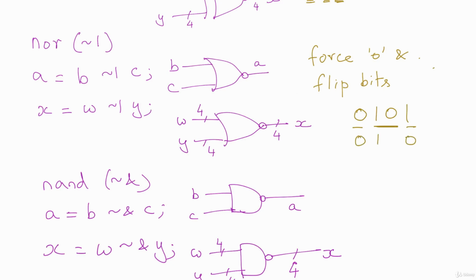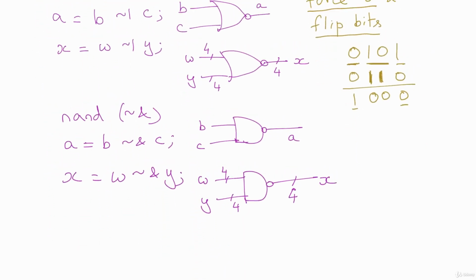If you want to force a 0, you put the bits as 1. So you see, this is 1 and 0, you get a 0, and the extreme positions are 0 and 0, so you get 1, and so these two have flipped, and we're going to force a 0 in these two places. Since these two are 1, your NOR gate output is going to be 0, right? So you can force a 0 as well as flip bits.